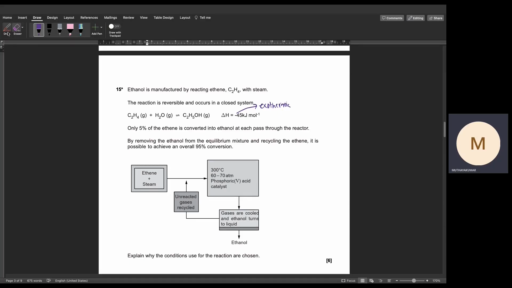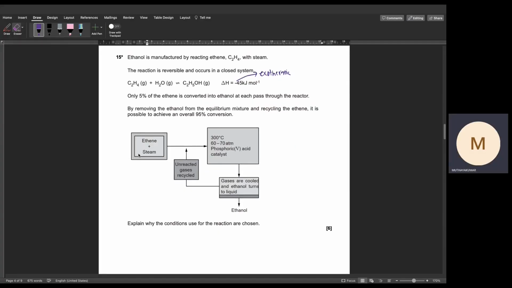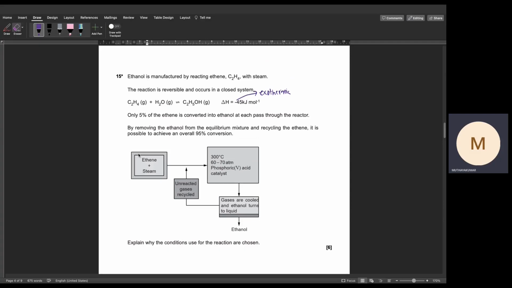5% of the ethene is converted into ethanol at each pass through the reactor. By removing the ethanol from the equilibrium mixture and recycling the ethene, it is possible to achieve an overall 95% conversion. Explain why the conditions used for the reaction are chosen.